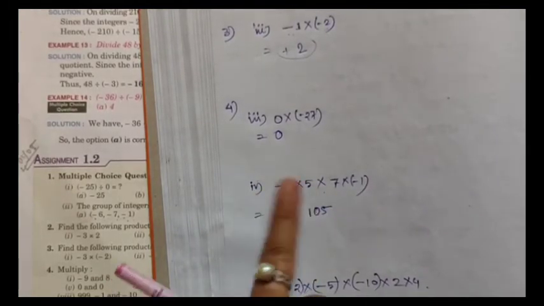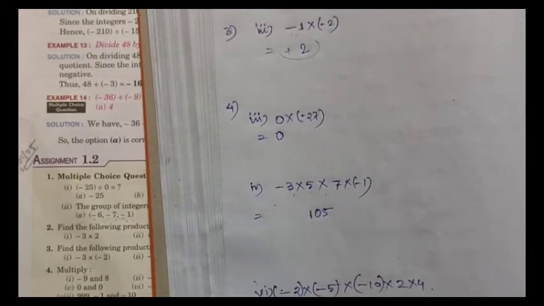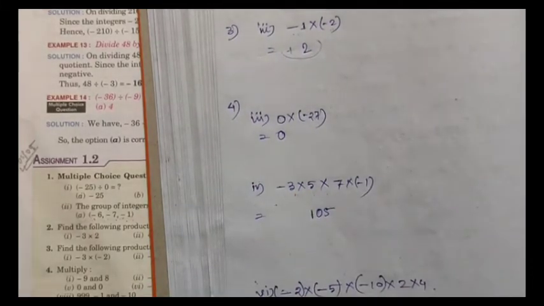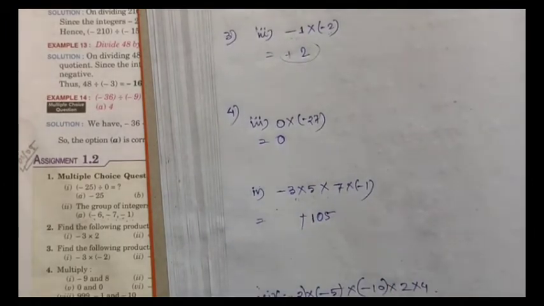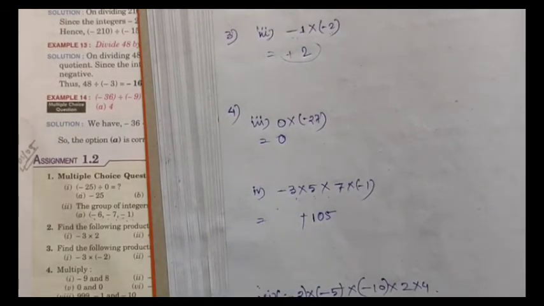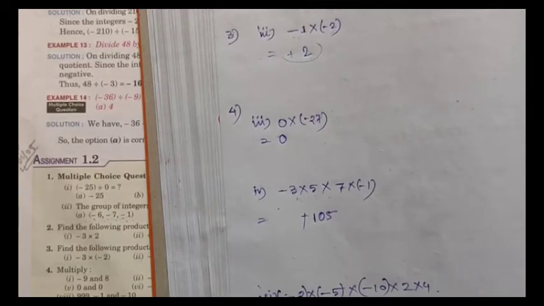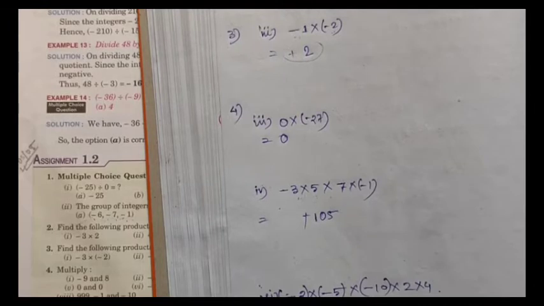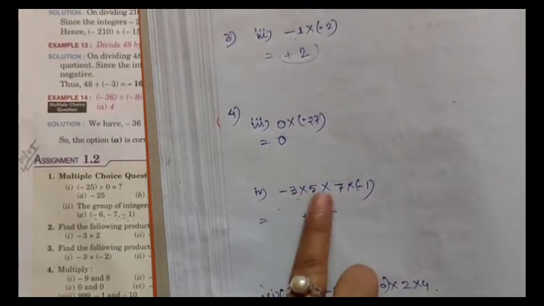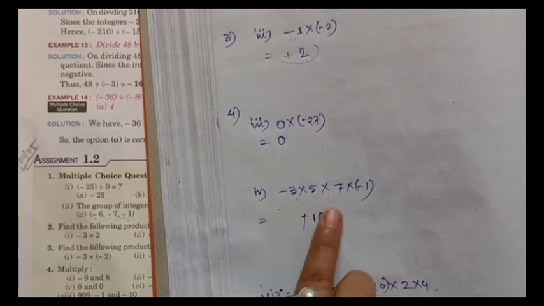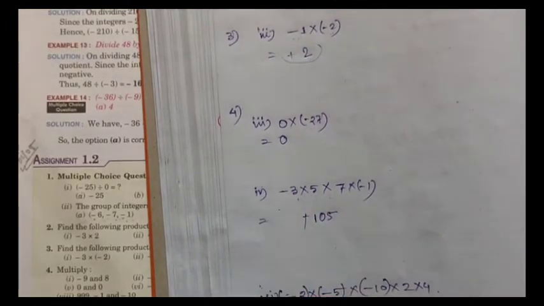Here minus occurs 2 times, but 2 is an even integer, so here plus. As you have learned in your previous class, when minus occurs an even number of times, the sign of the product will be plus, and if minus occurs an odd number of times, the sign of the product will be minus.